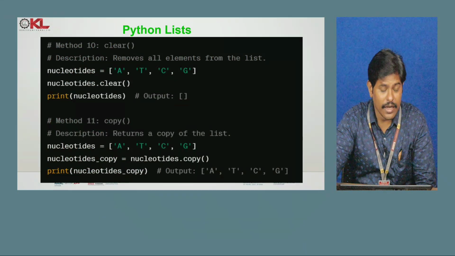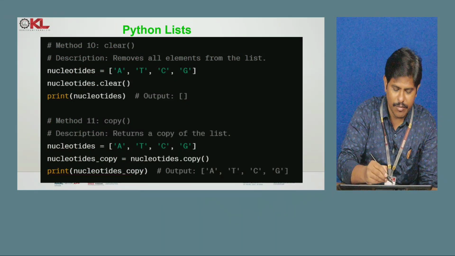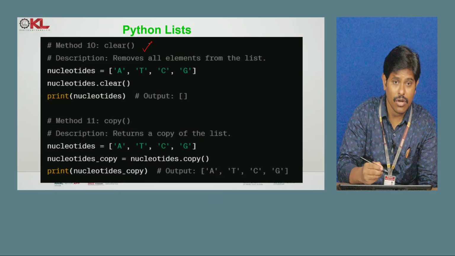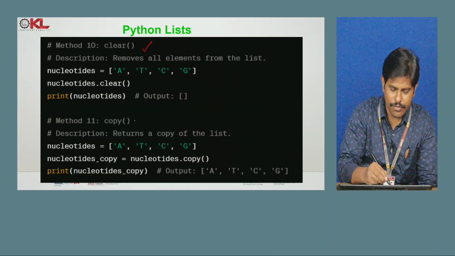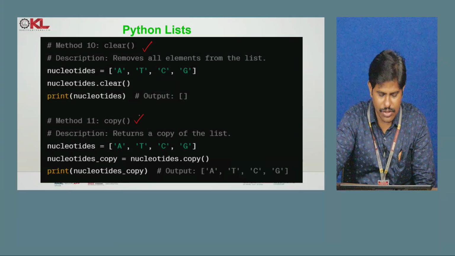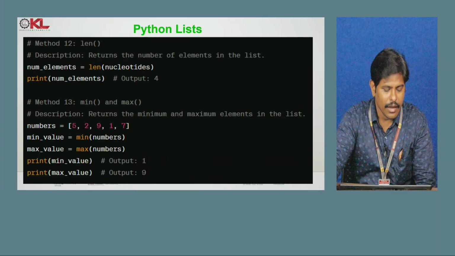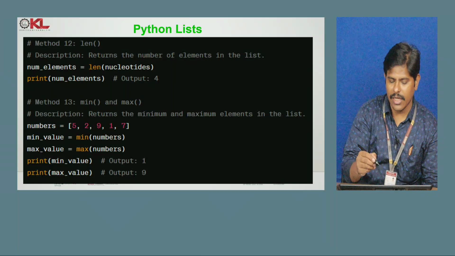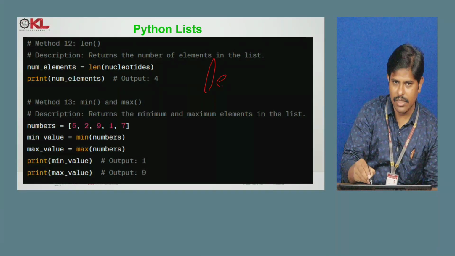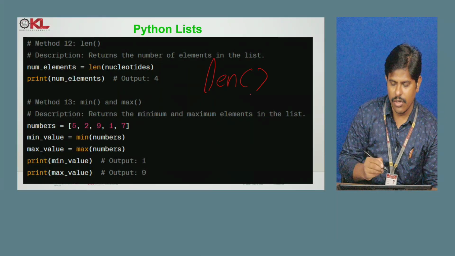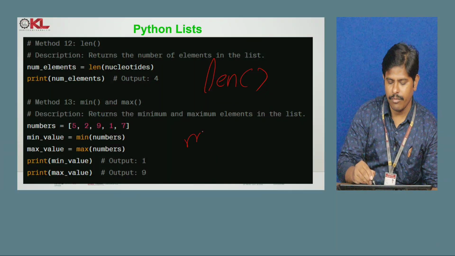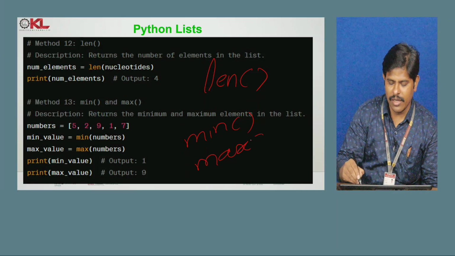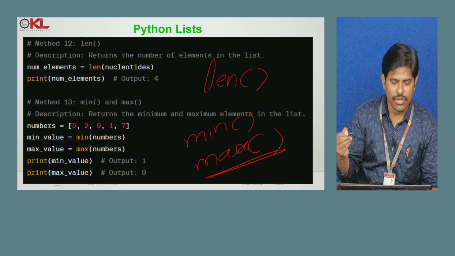So you can clear the contents using the clear method, or you can copy your items from your list to another list using the copy method. And to calculate the length of the list, the len function can be used, and to find out the minimum or maximum of your given list, min and max functions can be used.